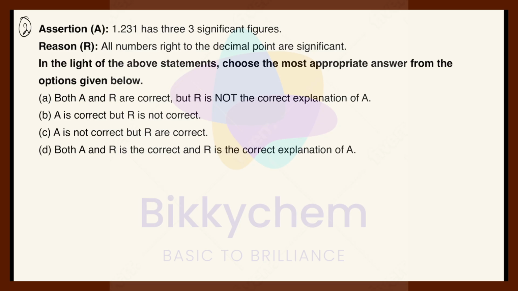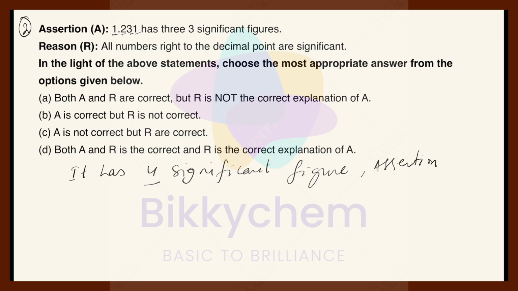With respect to this assertion and reason, we need to choose the appropriate option given below, that is A, B, C, D. In the assertion, 1.231 has three significant figures, it is given there, but it is not the correct one because it has 4 significant figures, that is 1, 2, 3 and 1. So it is a total of 4 significant figures. So the assertion is wrong.